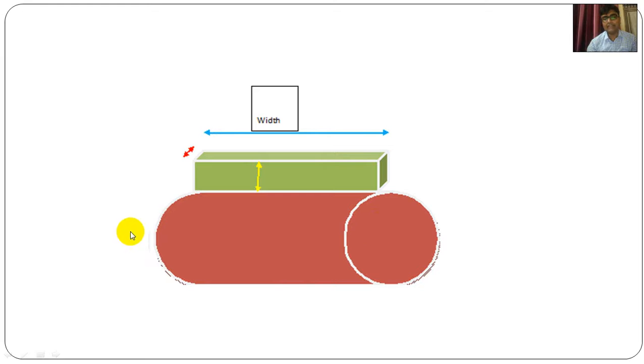So the length of the motor is considered as the width of the fin, because of the rate of heat transfer in that direction. See my cursor, the heat transfer in that direction. So it is a longitudinal direction. So this one is considered as the length of the fin, and it is a transverse direction. So it is the width of the fin, and definitely it is the thickness of the fin.